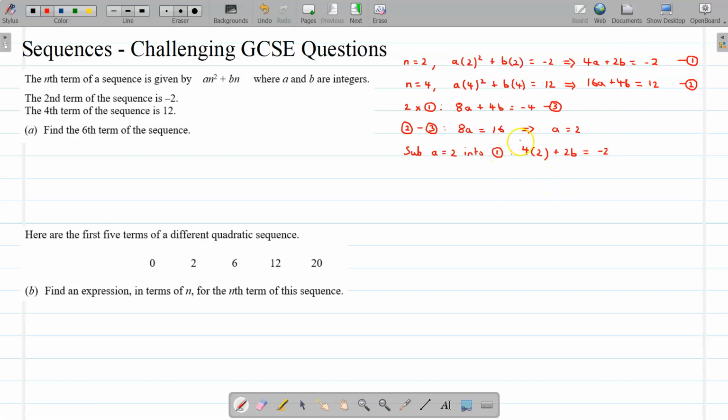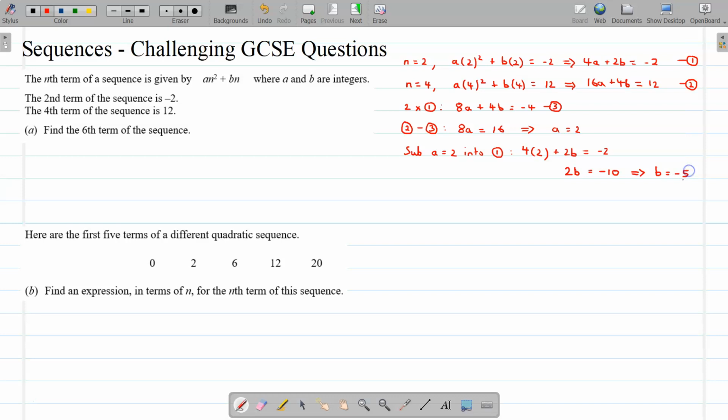Well, 4 times 2 is 8, so I've got 8 plus 2b is -2. If I subtract 8 from both sides, I get 2b equals -2 minus 8, which is -10. Well, if 2b is -10, then b must be -5.